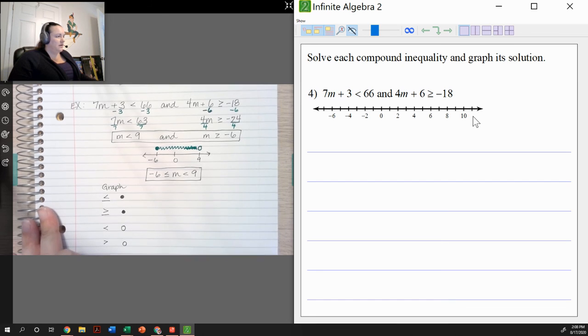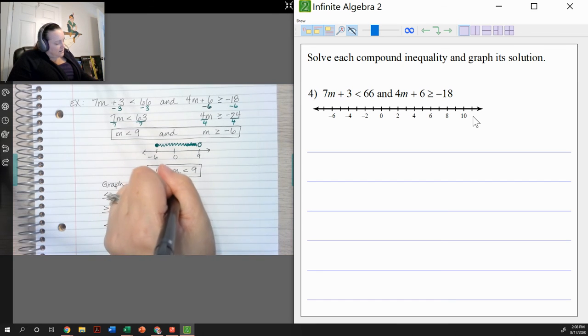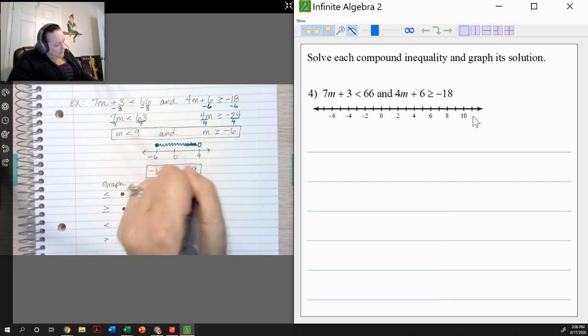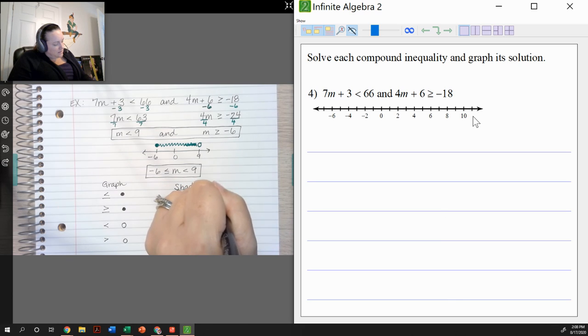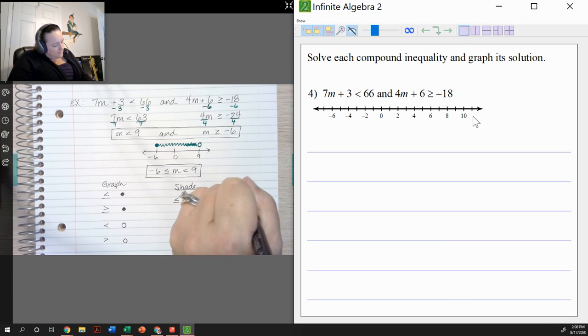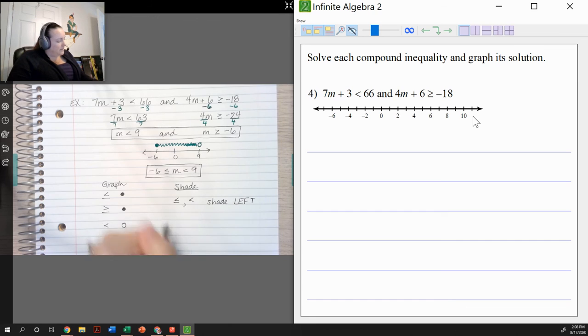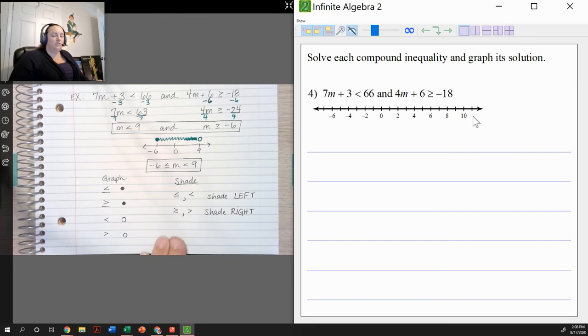Now when you shade, if it's less than or equal to or less than, you will shade left. If it's a greater than or equal to or a greater than, you will shade to the right. Okay, so there's your little cheat sheet for how to do the remainder of the problems.